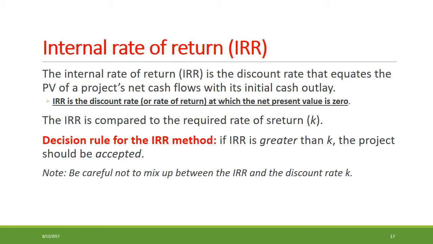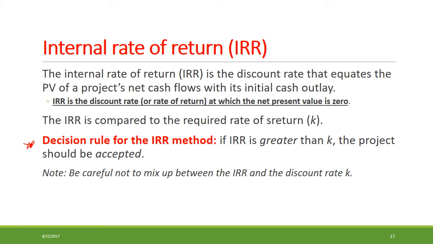Given the relationship between the IRR and the required rate of return that we saw before, our decision rule, if we were to use the IRR as our project evaluation method, would be that if the IRR is greater than K, or if the rate of return of the project is greater than the costs of the project, then the project should be accepted.